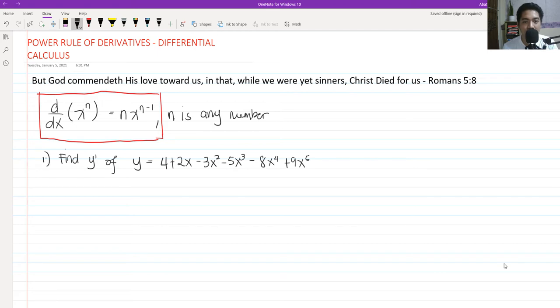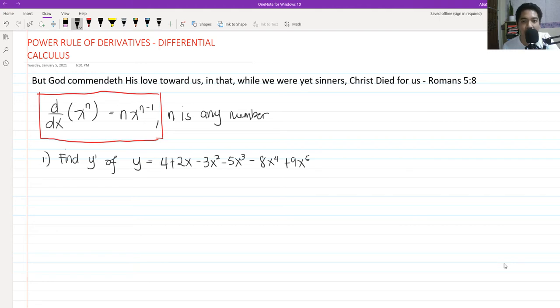Okay, so let's try to get the derivative of a certain function in our first example. And by the way, if we get the derivative of any constant, let's say any number, 4, 1, negative 1, 2, 1,000, 1,000,000, with respect to a certain variable, the derivative of a constant is always 0.